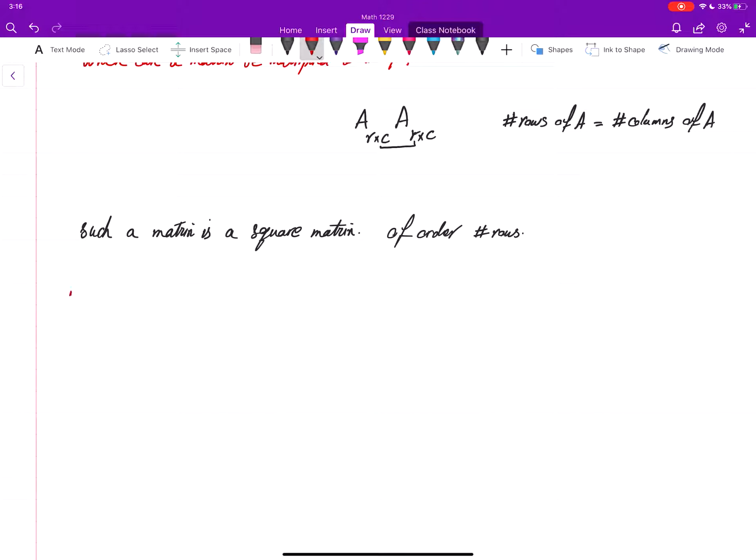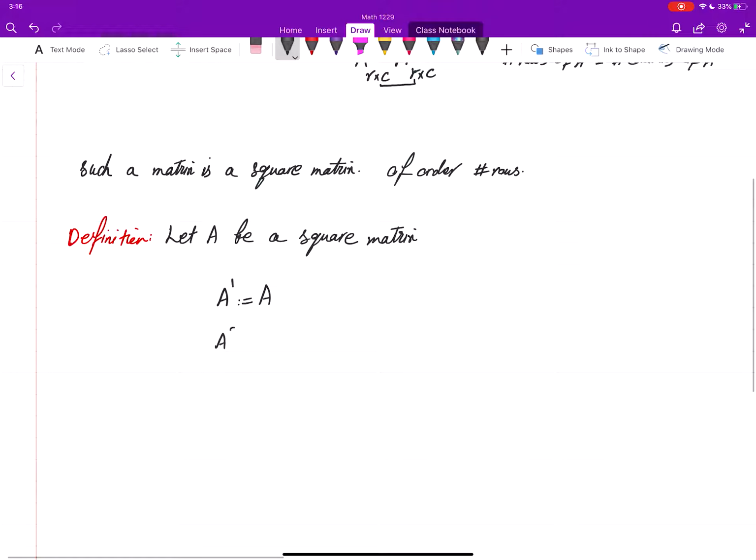Now, what is A squared? What does A squared mean? Let A be a square matrix. Then A to the power 1 means just A itself. A to the power 2 means multiply A by itself, as we did in the numbers case.